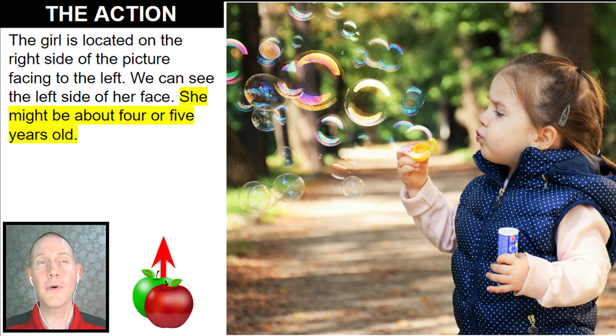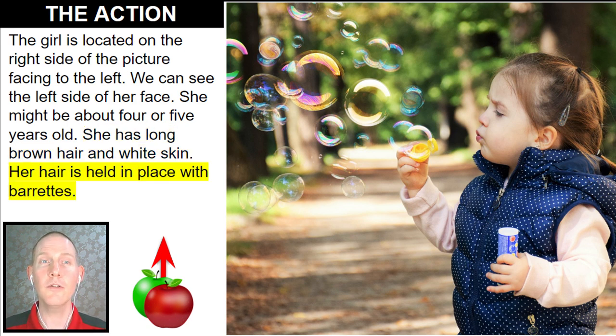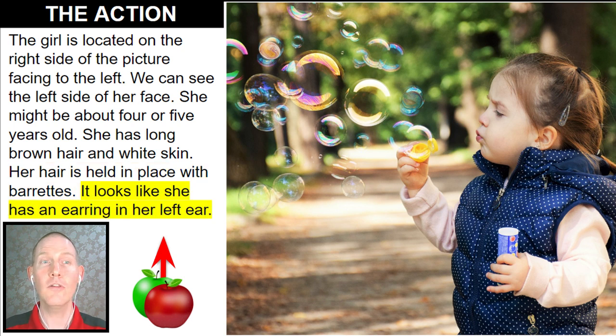She might be about 4 or 5 years old. She has long brown hair and white skin. Her hair is held in place with barrettes. It looks like she has an earring in her left ear.